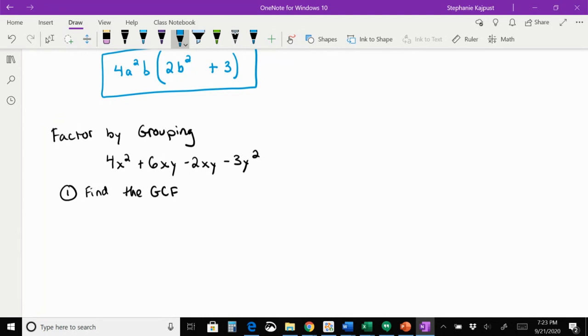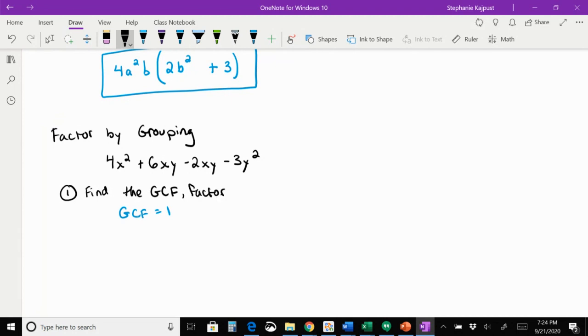So there's no number there. And if you look at the variables, in order to factor it out, you need the same letter in every term. I have x in only 3 of the terms and y in only 3 of the terms. So there's nothing in common here, there's nothing to factor out, and the GCF is just 1. And if it's 1, then we don't need to factor it out.